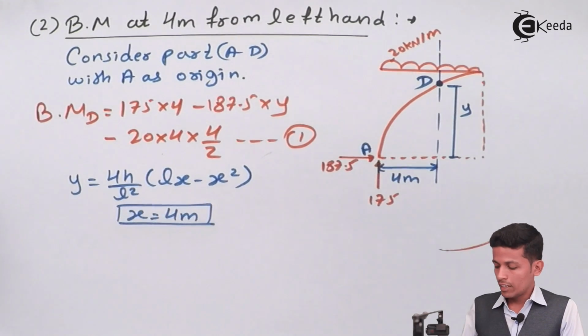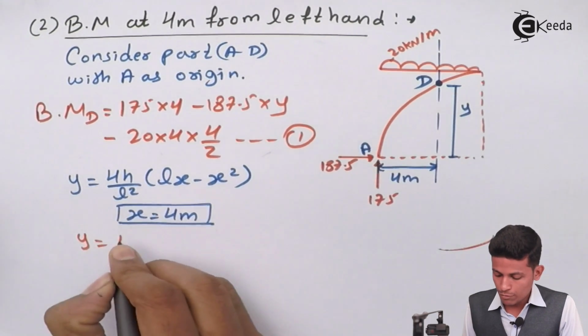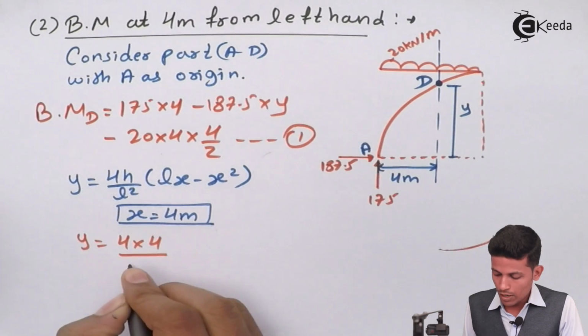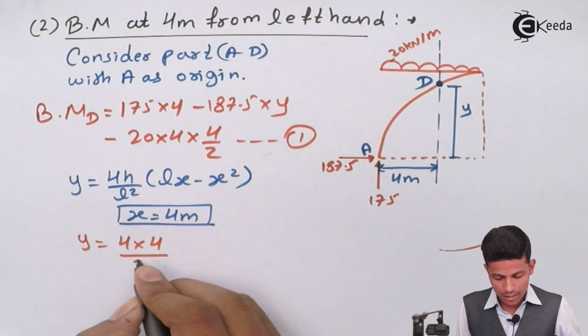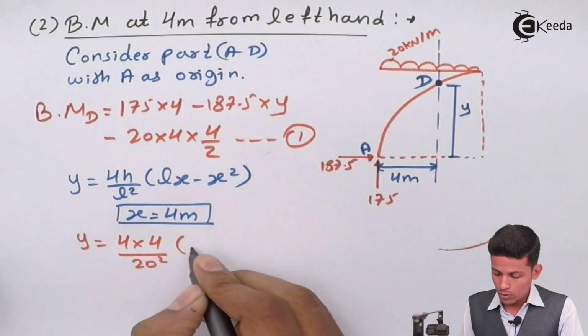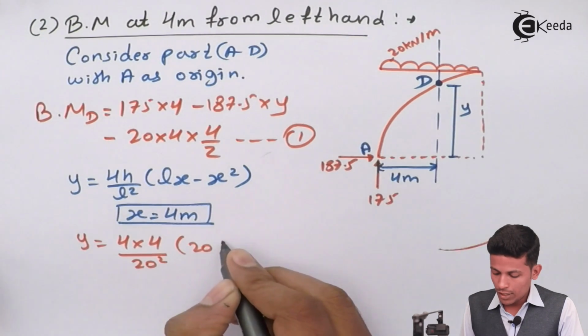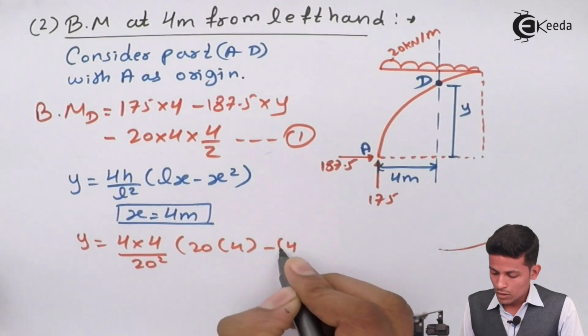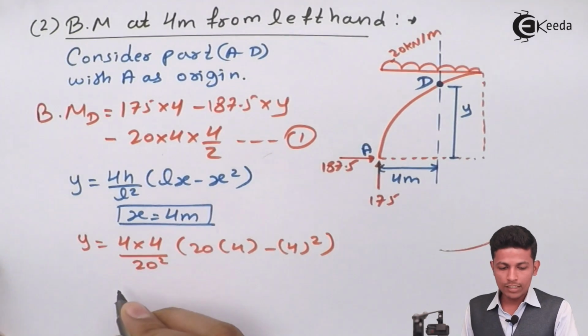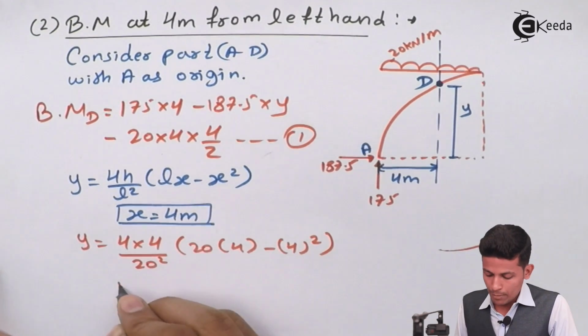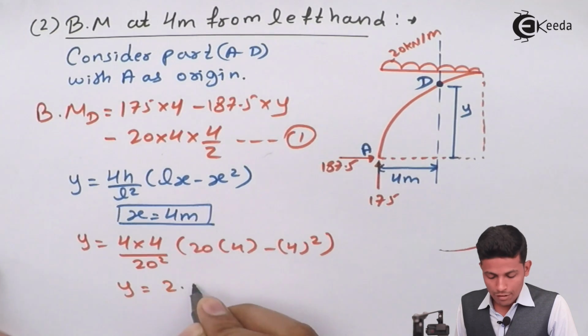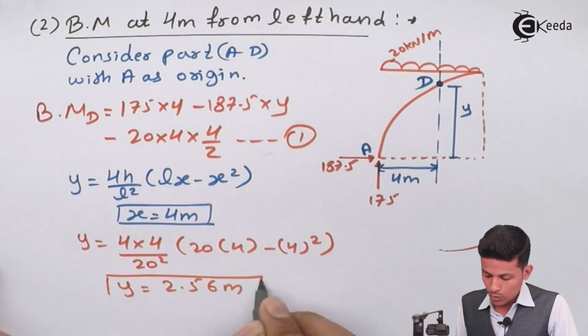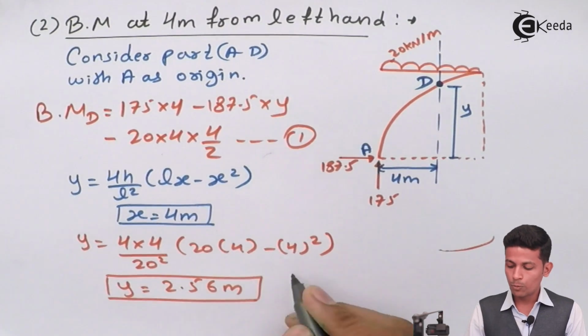We get y equal to 4 into 4 upon 20 square into (20 into 4 minus 4 square). While solving this, you get the value of y as 2.56 meter.